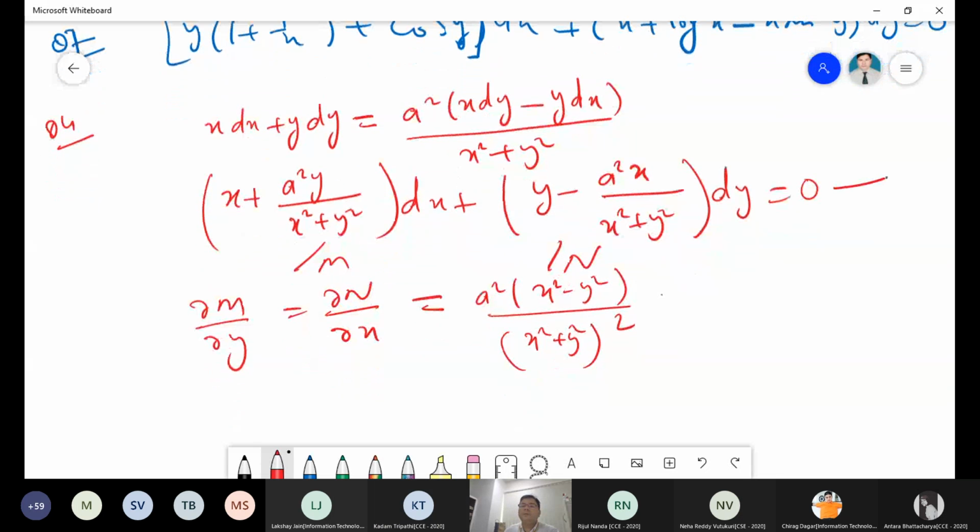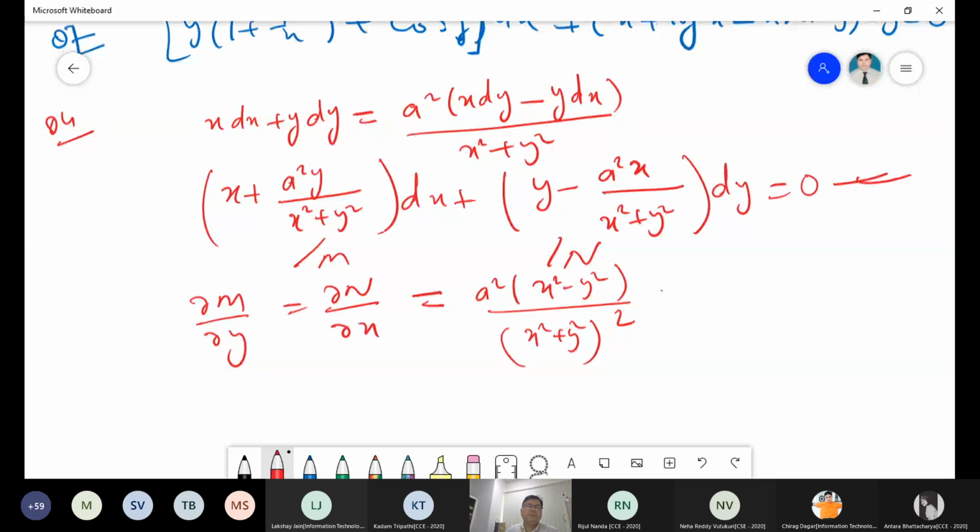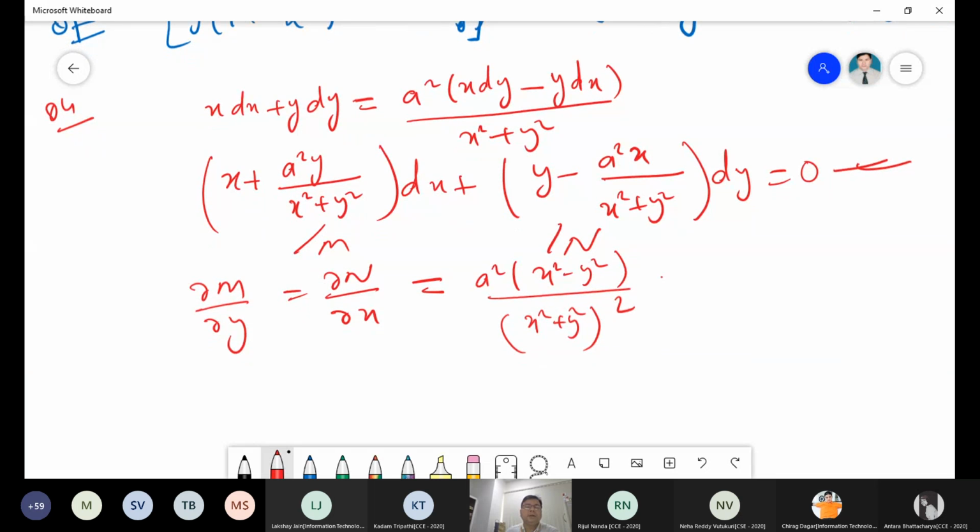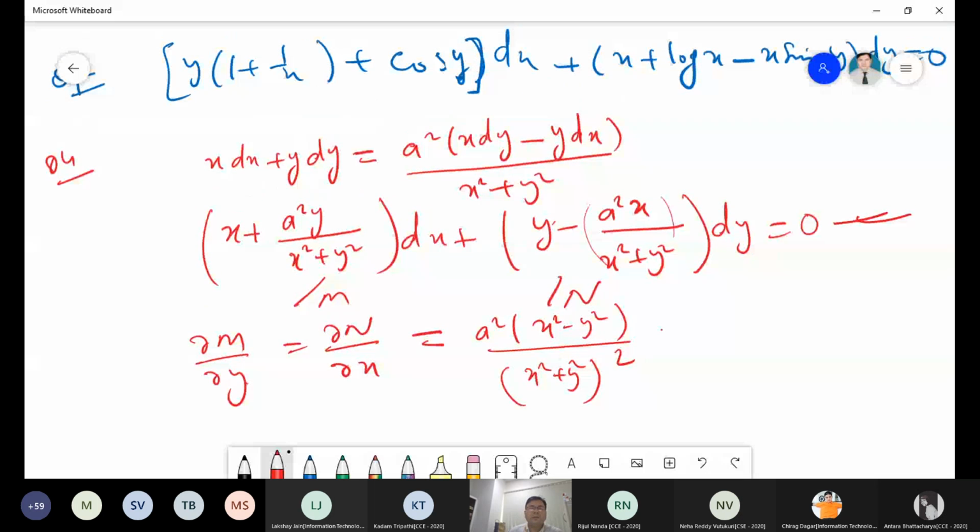So this is the rearrangement of this equation, and when you find this derivative, del M upon del y, apply the quotient rule here because it is with respect to y. With respect to x also, this term will be 0, and again with respect to x you can apply the quotient rule. So the final answer is, I'm writing the final answer.